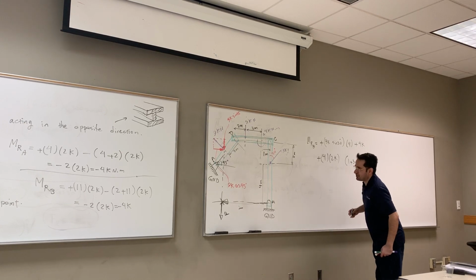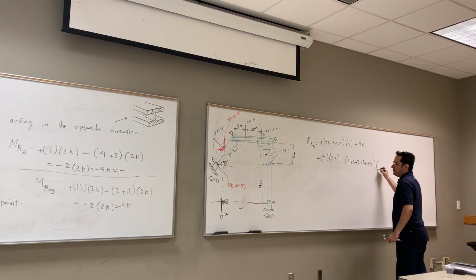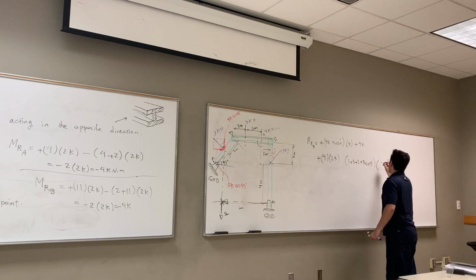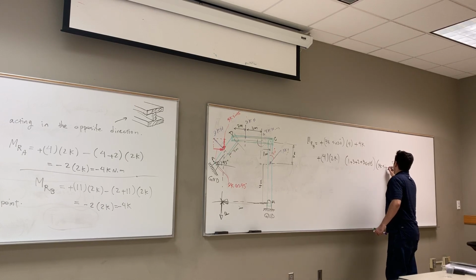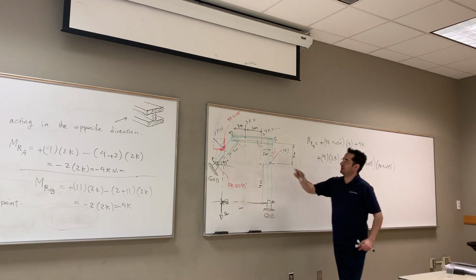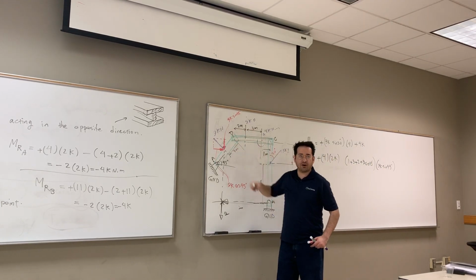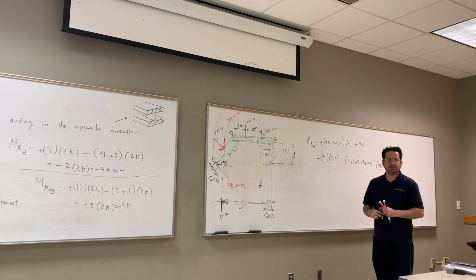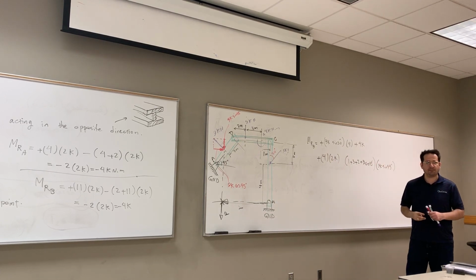Moment arm times the value of force. What's the value of force? 9K sine 45. There you go. 9K sine 45. Positive or negative? Positive.